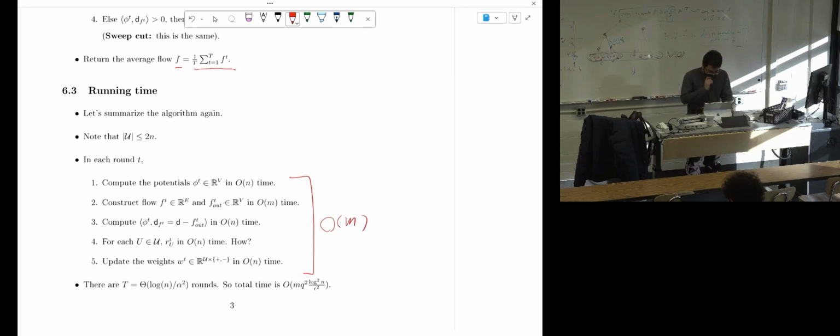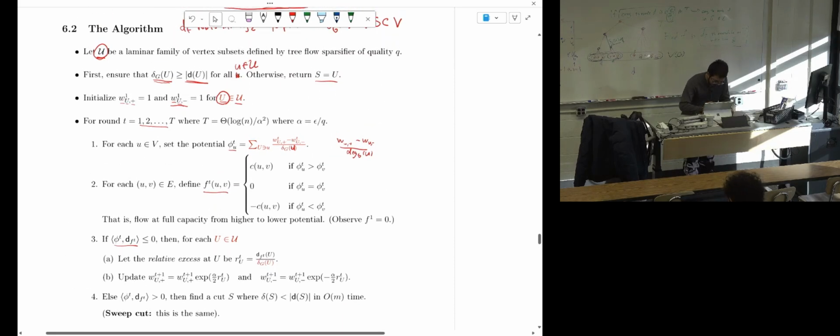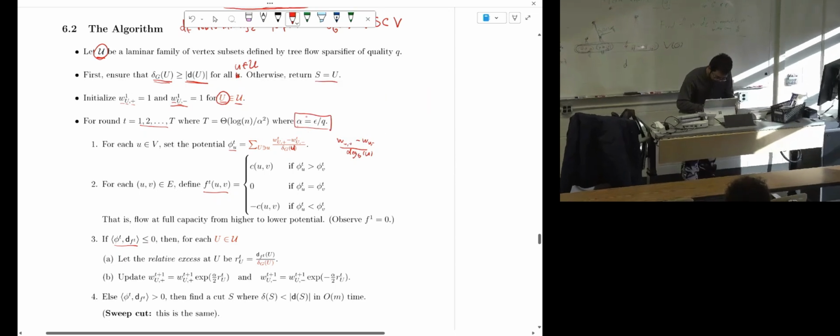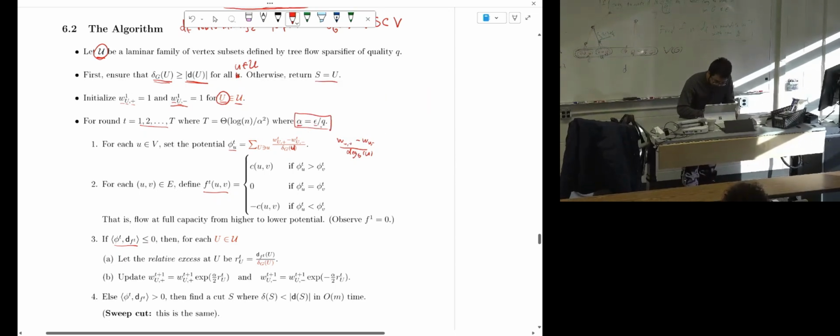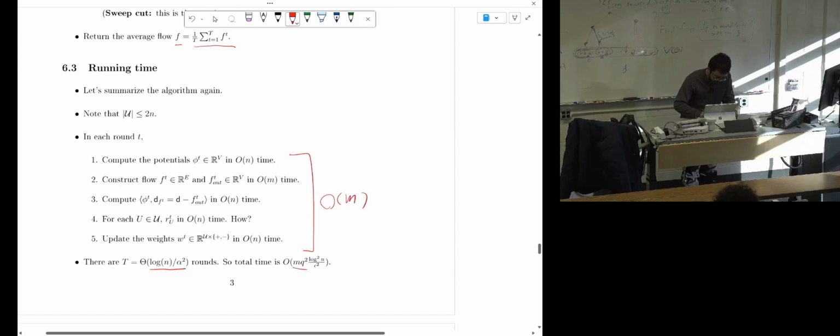And so what's the total running time? Actually, I didn't say this, but T, I should highlight this in red. Alpha here is like epsilon over Q. Okay, so the running time is gonna be this thing as we claim.